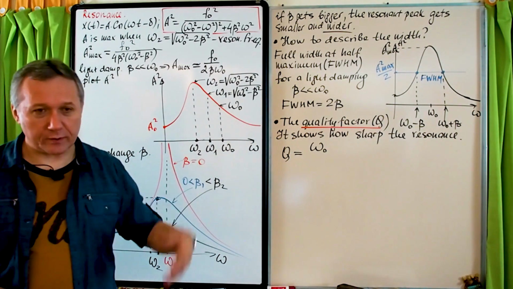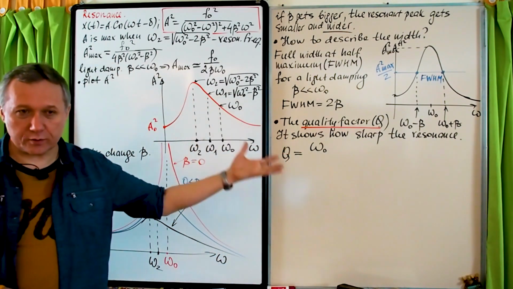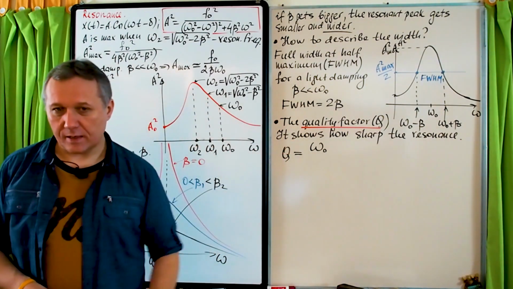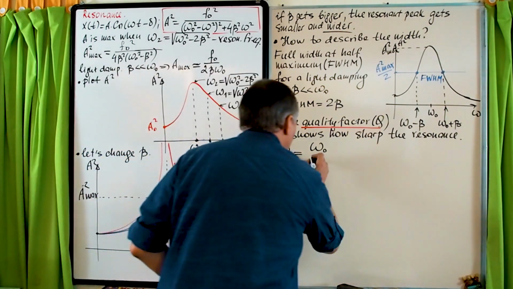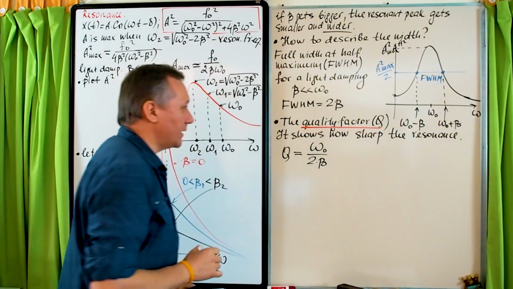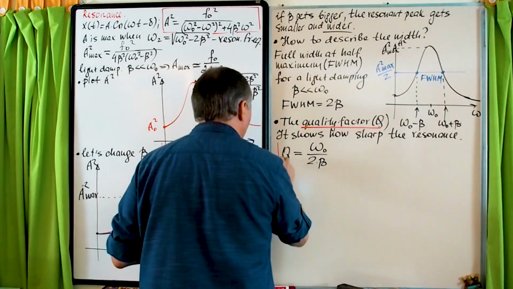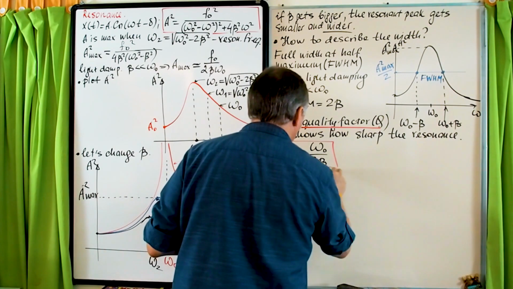So that's why omega naught. Because in most of the systems where it is used, we have very light damping. So divided by the width, the full width at half maximum, divided by 2 beta. So it is one way of defining this quality factor.